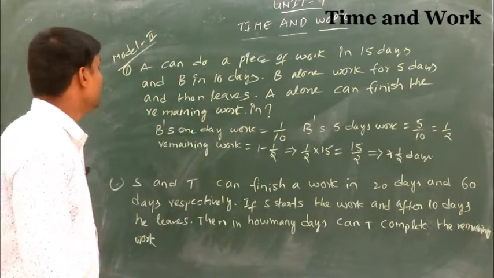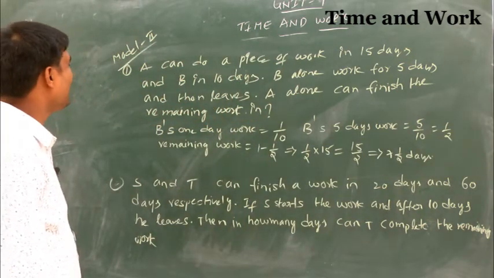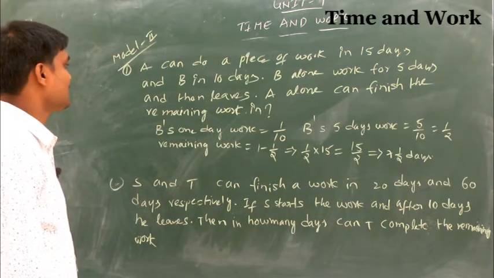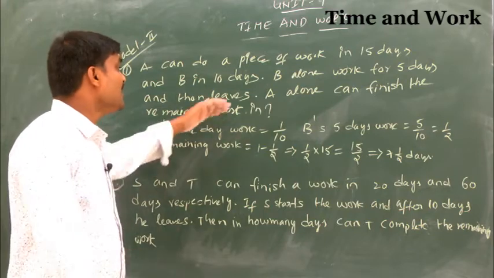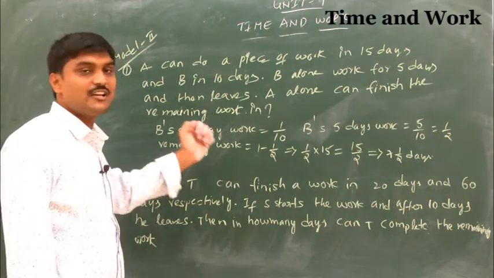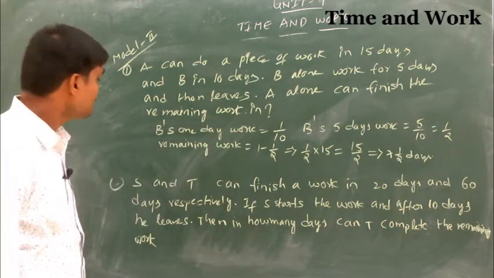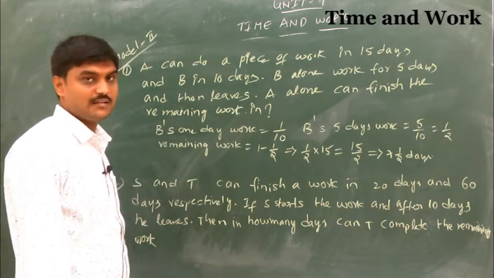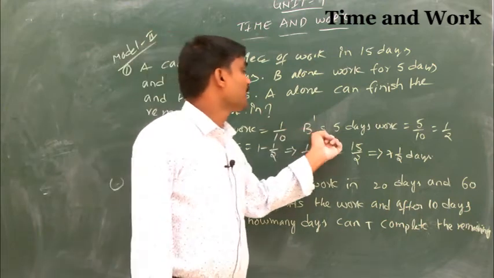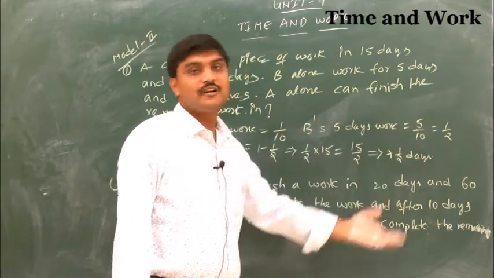Once again, A can do a piece of work in 15 days and B in 10 days. B alone works for 5 days and then leaves. A alone can finish the remaining work in how many days you are asking. So here B's 1 day work is 1 by 10. So B's 5 days work is 5 by 10.